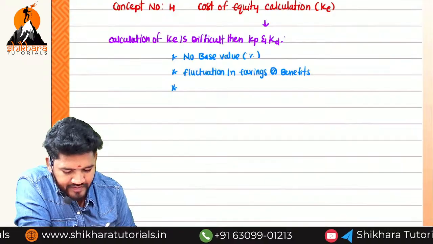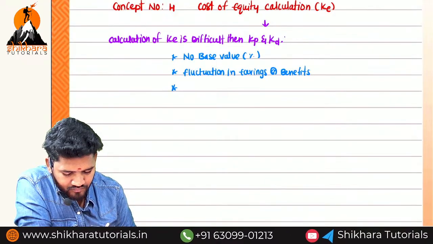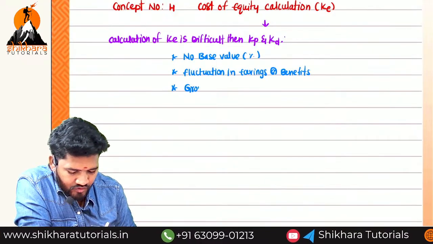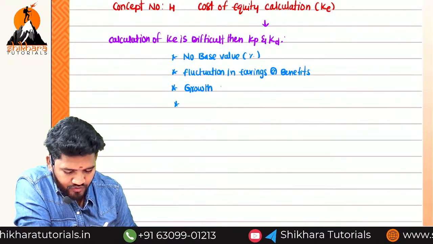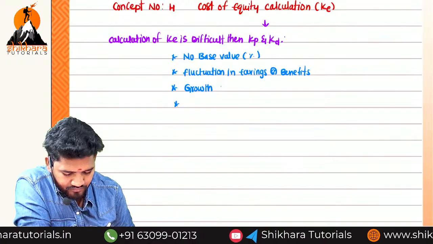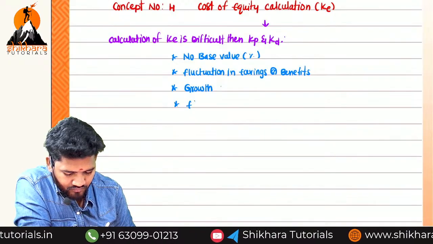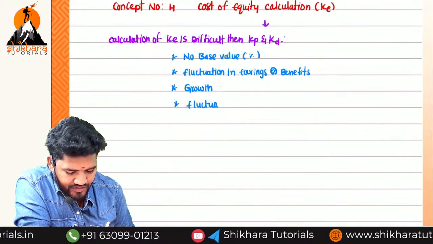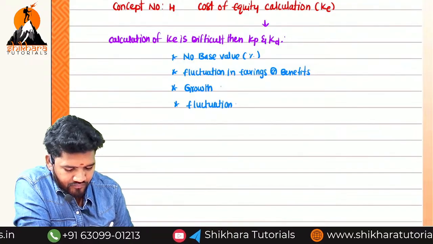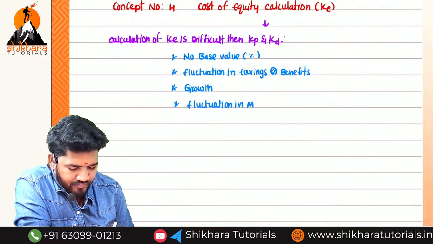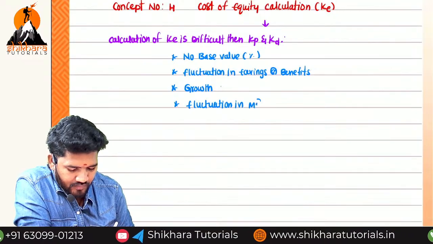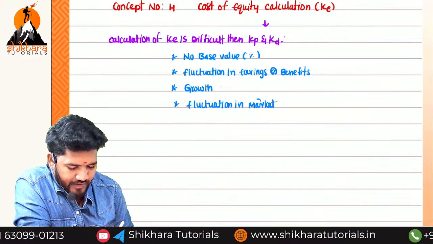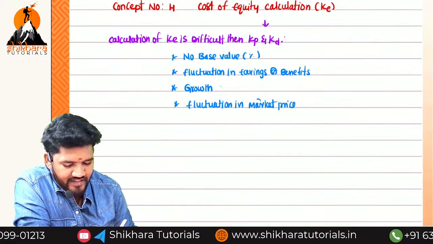What about the third reason? Growth. What about the fourth reason? Fluctuations in what? Market price. You can add this one here also.